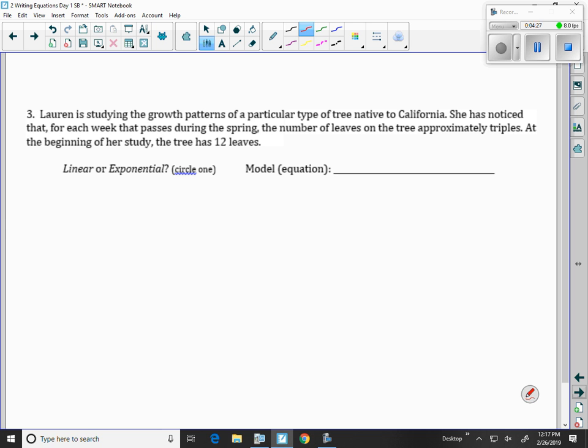Exponential. What's our starting amount? 12. What's the rate? Triples, which would be multiplying by 3. You don't literally write "triples" in the parentheses. I would not count that correct, by the way. I would probably laugh, but then I would probably not count it right.